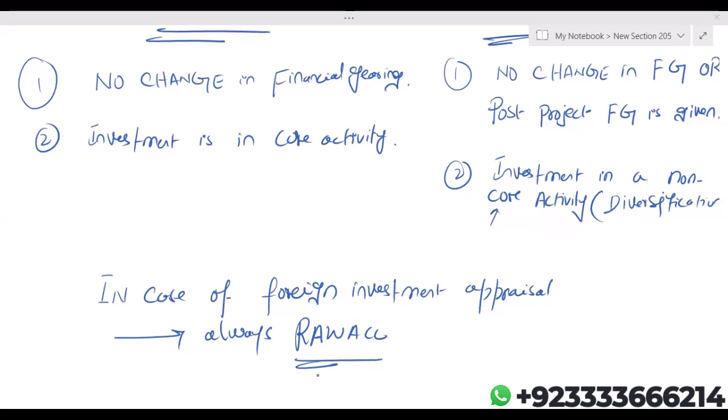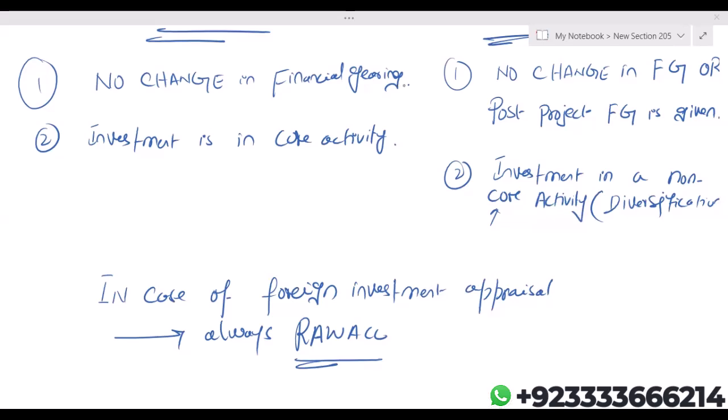Others also. Okay, what is the agenda for the coming class? I'm just mentioning that. Number 1, we'll be discussing the approach of calculating risk adjusted WACC by using CAPM. Plus, we'll be discussing proposition 2 with the change. Don't worry, we'll be discussing it in our live revision class.